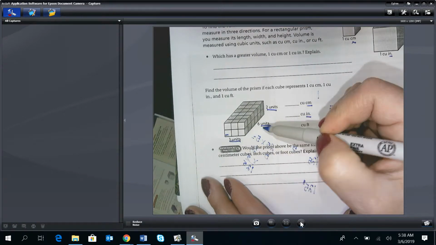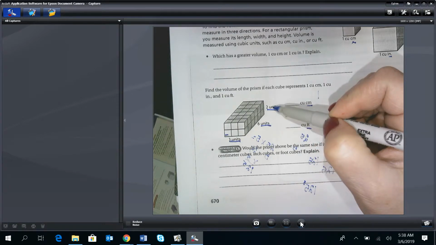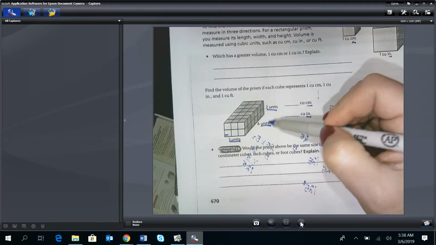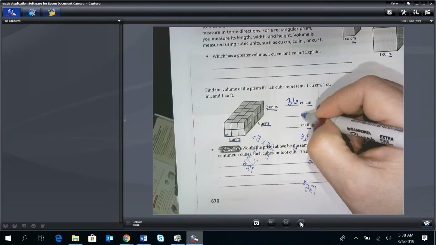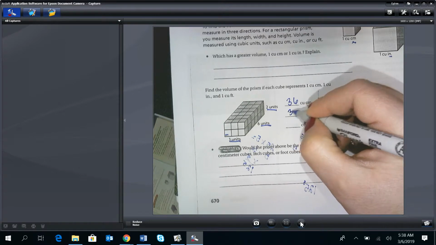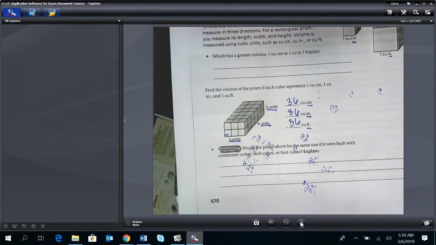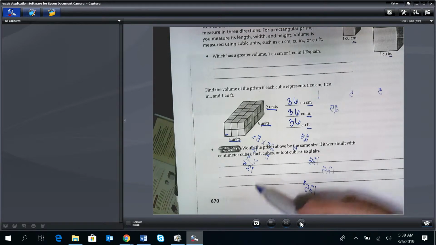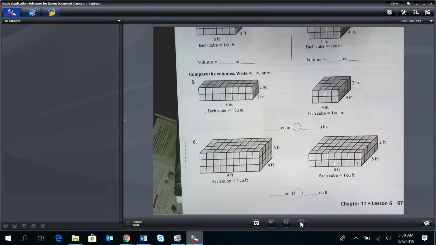So 3 times 2 times 6, it doesn't matter which way you do it. 2 times 6 is 12. 12 times 3 is 36. If I did it in inches, it would be 36. If I did it in feet, it would be 36. So would the prisms above be the same size if they were built with centimeter cubes? No, because each one of these cubes would be a different measurement.